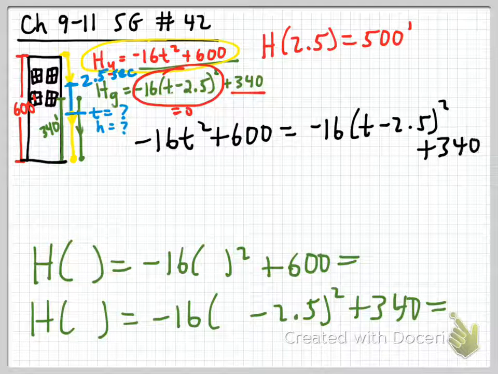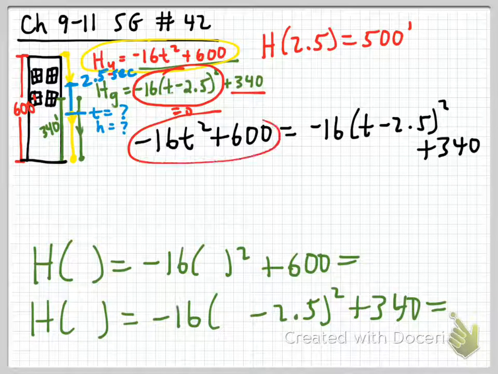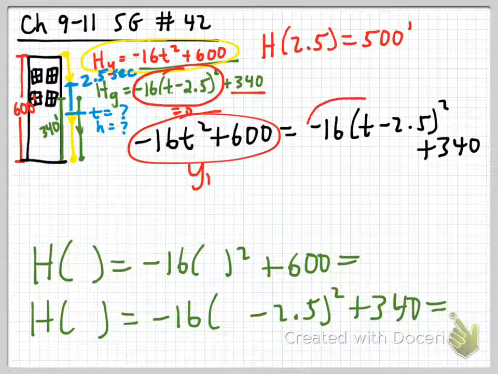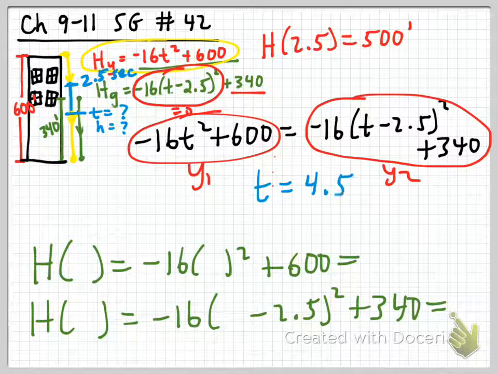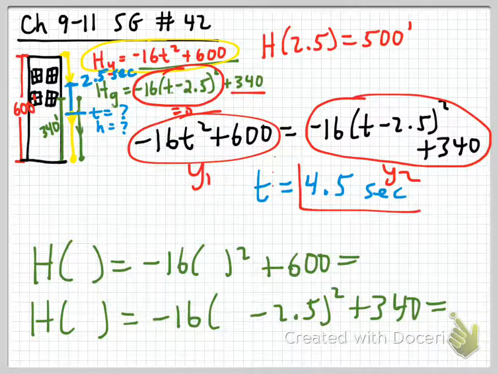If you were to let y1 be this one and y2 be this one, you could solve this by hand if you'd like to, but when all is said and done, you get a t value of 4.5. So at the 4.5 second mark, the heights of the two balls are the same.